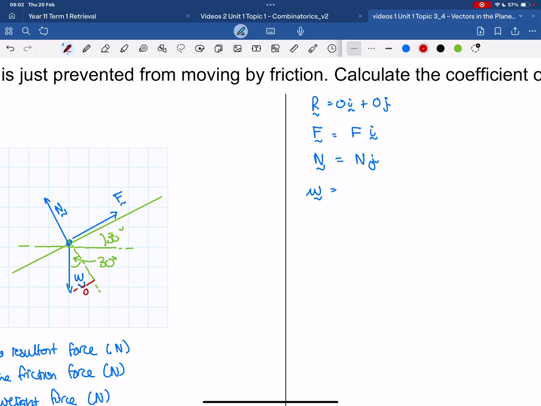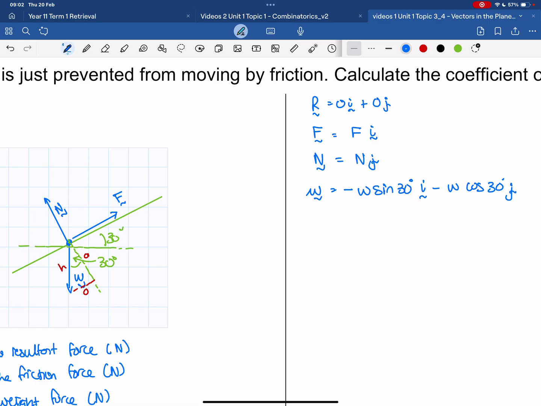So I've got a sine ratio for my i component and a cos ratio for my j component, and negative i and negative j. So I'm going to have negative W sine of 30 degrees i minus W cos of 30 degrees j.